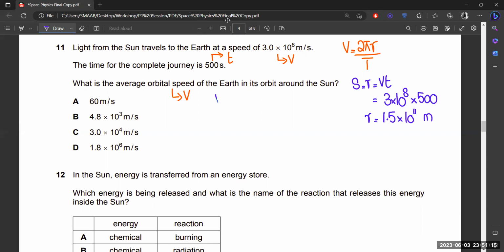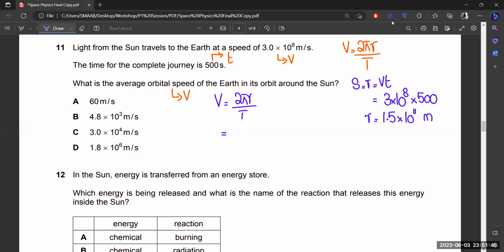For orbital speed, we use the formula 2 pi r over t. We know 2 pi is the constant, r we already calculated, and the time period is 365 days because the earth takes 365 days to complete its orbit around the sun. So we need to write 2 pi r divided by 365 times 24 hours, and 24 hours times 3600 seconds, because we need to convert the time into seconds.